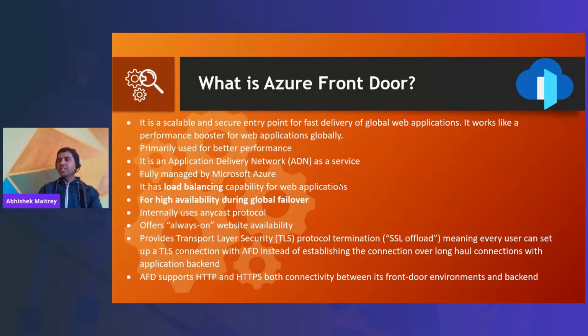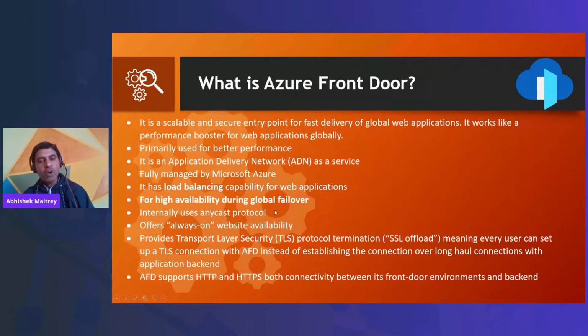But the big difference is, load balancer generally works on your DNS kind of domains, whereas Front Door works globally, number one. Second, it does not require any DNS, and it works on both HTTP and HTTPS. Next is high availability during global failover.